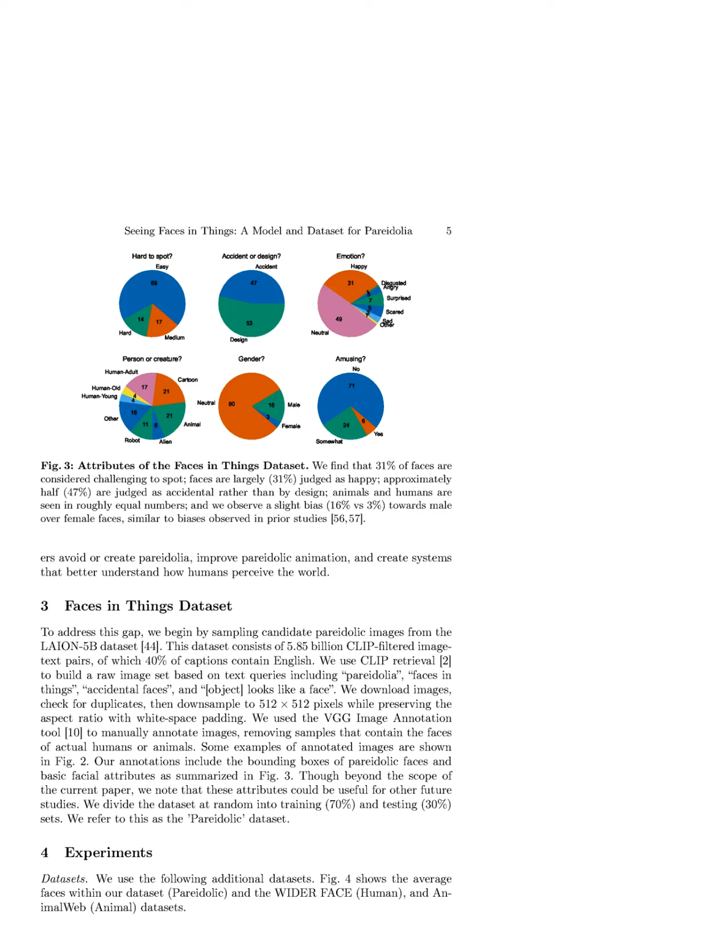After downloading the images, they check for duplicates and downsample them to 512 by 512 pixels, while preserving the aspect ratio. The images are then manually annotated using the VGG Image Annotator tool to identify and remove any samples containing actual human or animal faces, resulting in a dataset that includes bounding boxes and basic facial attributes of pareidolic faces.